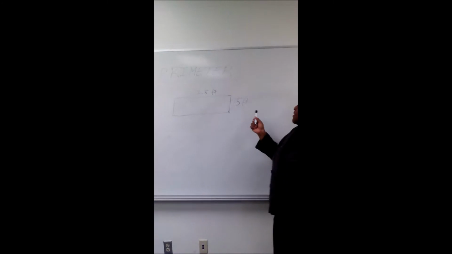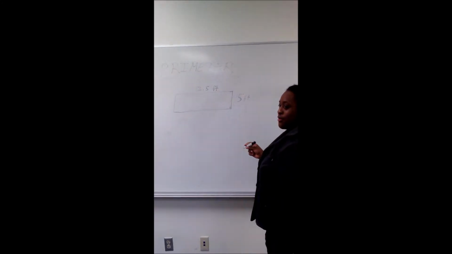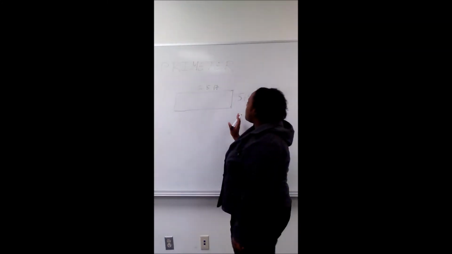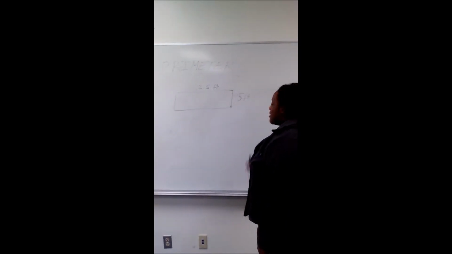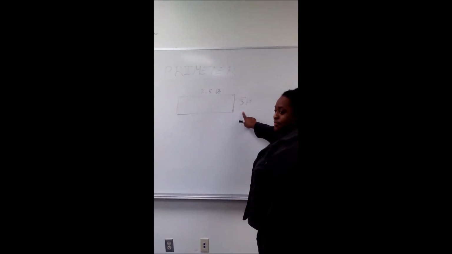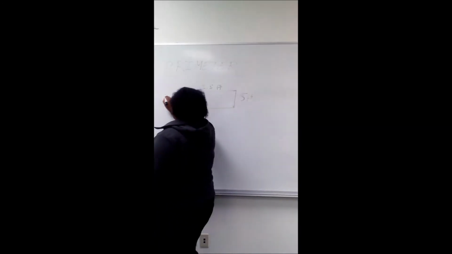You add 7.5 plus 7.5, and that's 15. Why would you add 7.5 plus 7.5? Because if it's 7.5 on that side, it has to be on the other side. Right, good job.